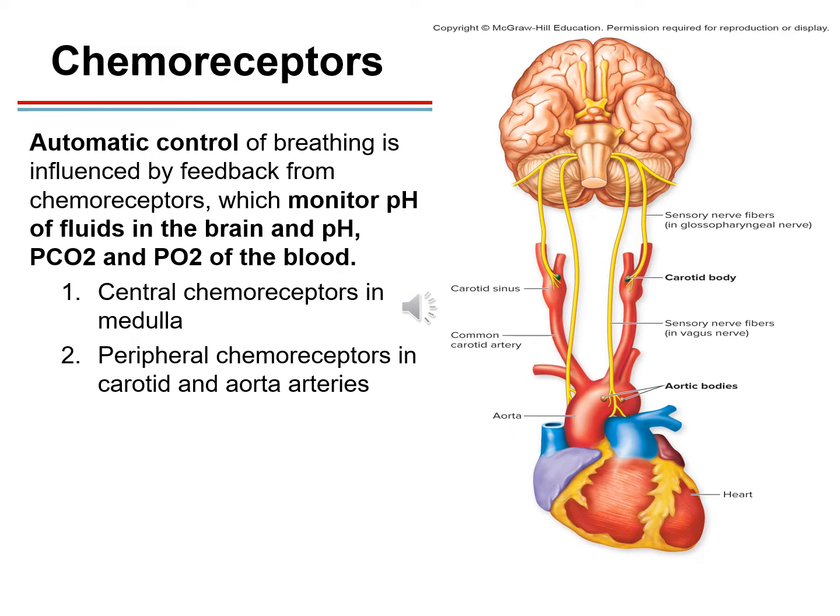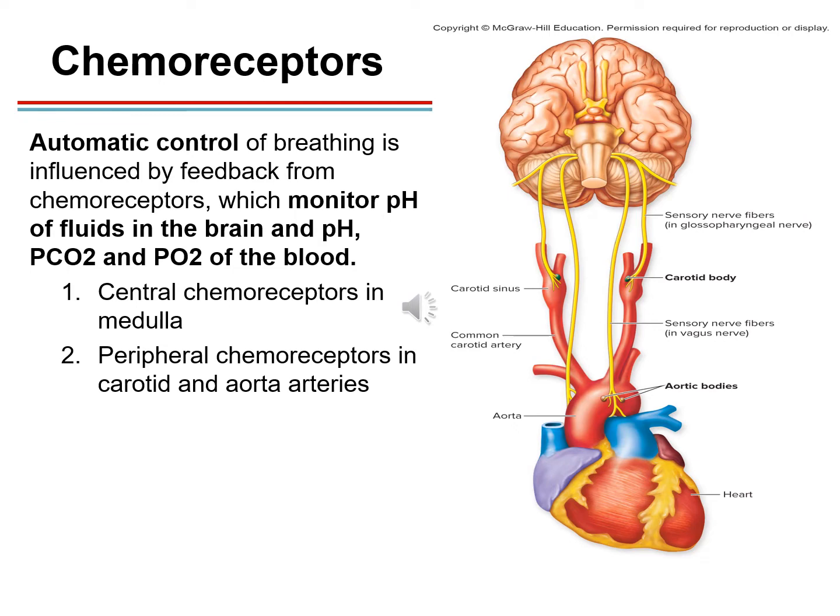Those chemoreceptors can be organized in two main groups. One is called central chemoreceptors, and those central chemoreceptors are around the centers we just mentioned before, around the pons and medulla oblongata.